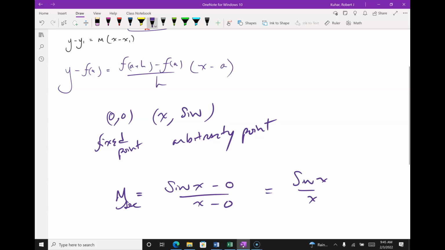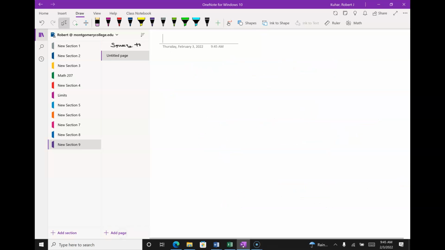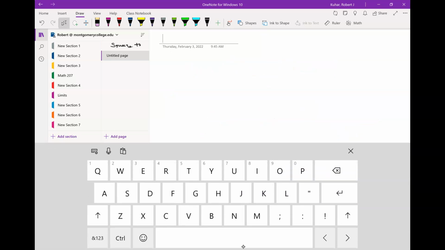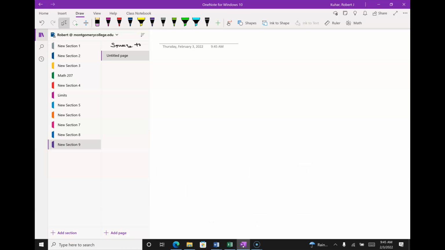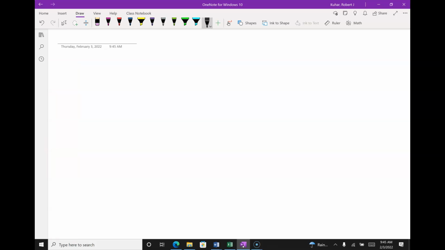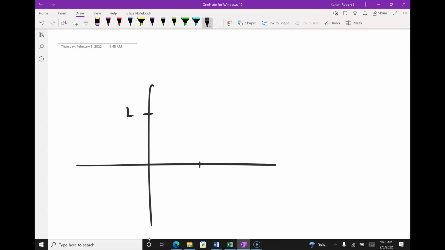Okay, ready for the squeeze theorem. I'm going to talk about it very informally. It's in the book. I also gave you the Khan Academy video to look at. But just imagine at some C and some L, I've got a bunch of functions.